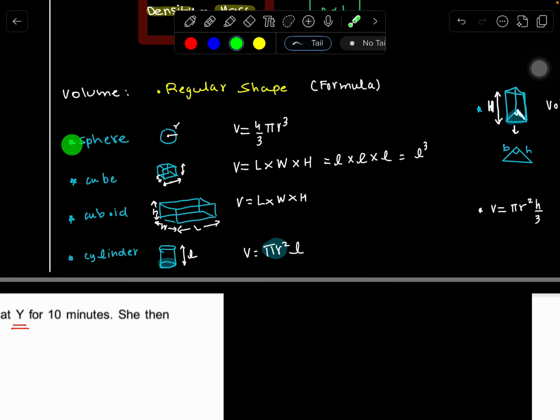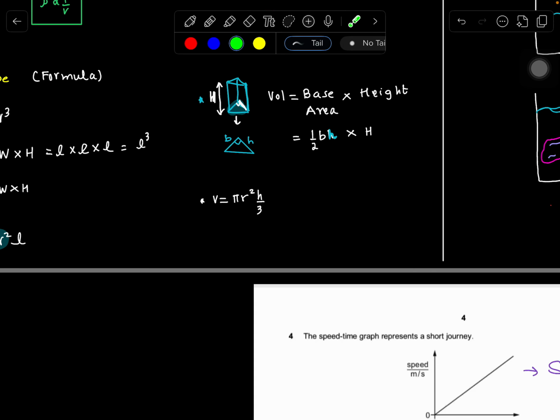So your first shape is a sphere. It's a 3D circle in simple words. And the formula is four over three pi r cubed. For a cube, you have L cubed. For a cuboid, you have length times width times height. For a cylinder, you have pi r squared L. And for a prism, you just have the base area of the shape multiplied by the height.